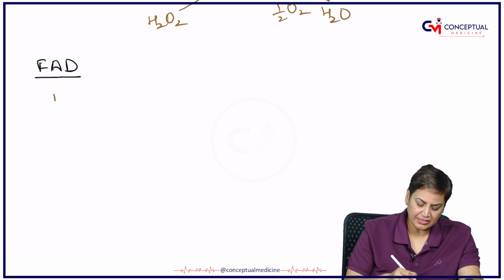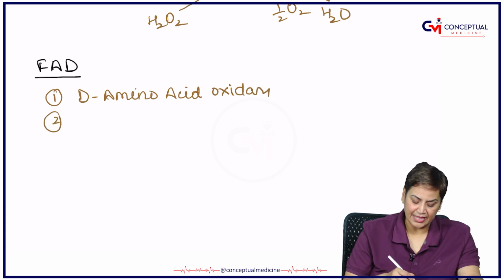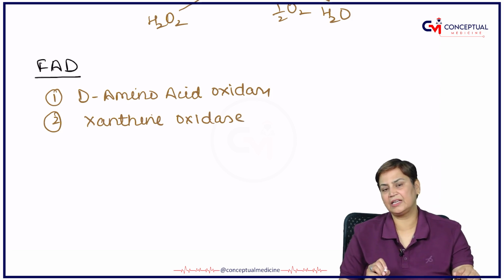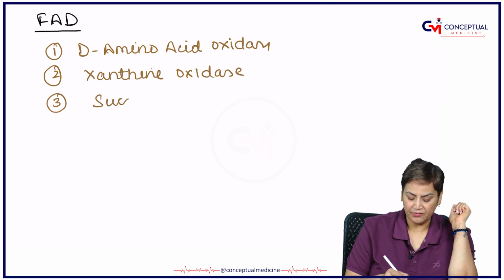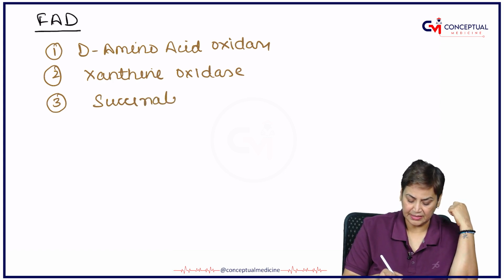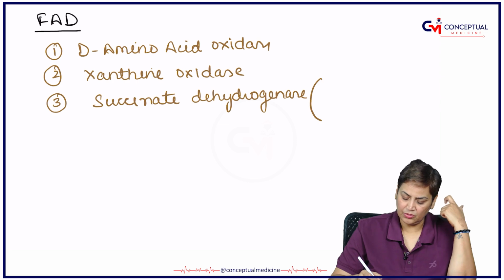The first reaction can be D-amino acid oxidase, then it is required for xanthine oxidase, and the most important reaction catalyzed by FAD is succinate dehydrogenase, which actually gives rise to complex 2 of the electron transport chain. Succinate dehydrogenase.